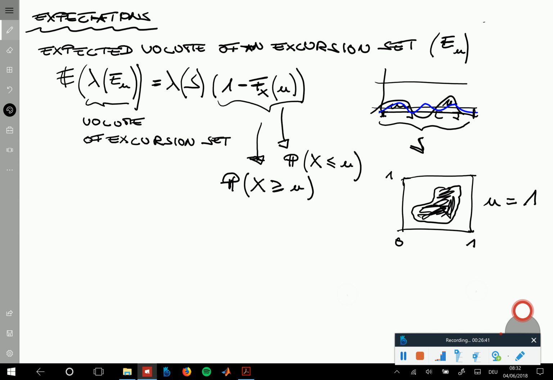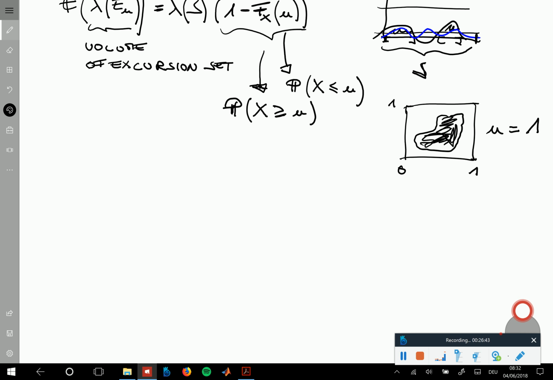Now, if you go to a higher threshold, then of course the probability that the random variables in this field take on values larger than this larger value of u, so for example 3, is usually smaller.